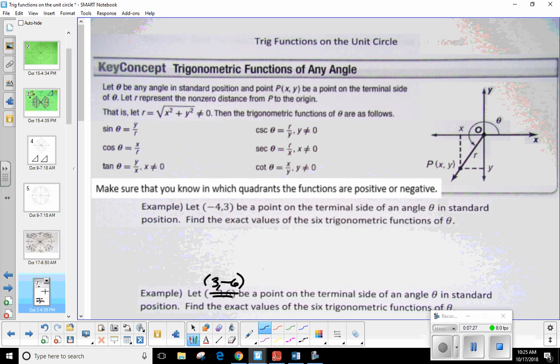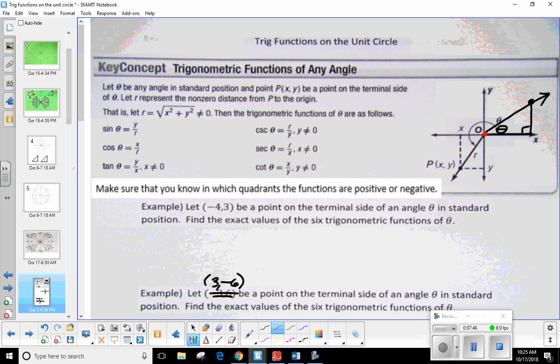So let's say in quadrant 1, I rotate, there's my terminal side, whatever theta measure I have. Let's say I have a point on that terminal side where I stopped. Just like before, I'm going to use that point to create a right triangle. Think about how you would move in a coordinate system.